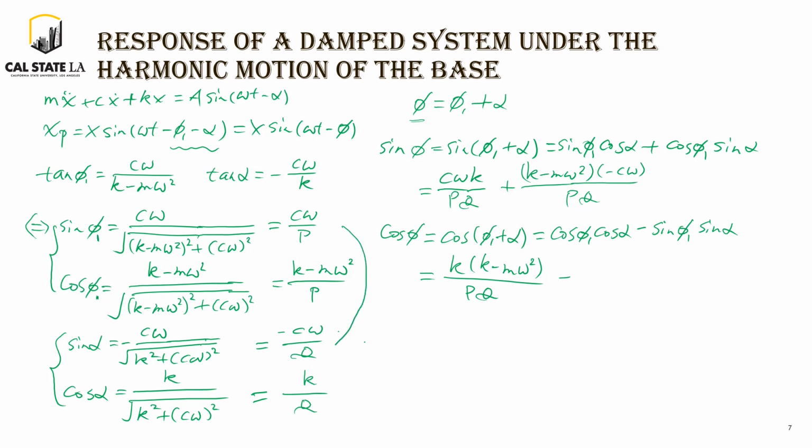So that is a minus c omega square. Because we also have a minus sign, it becomes plus over PQ.